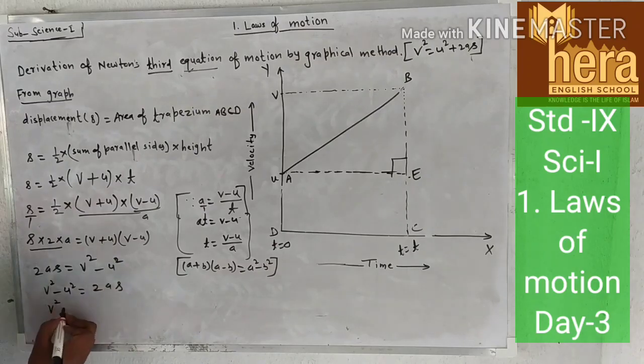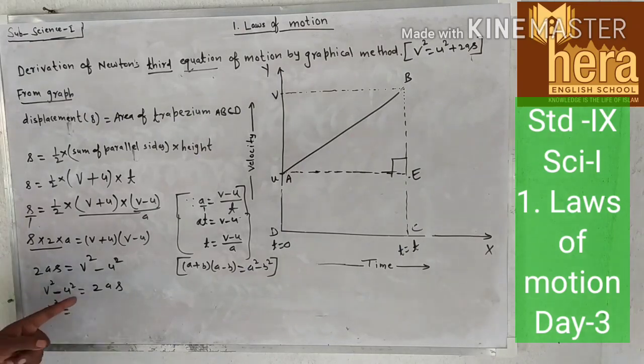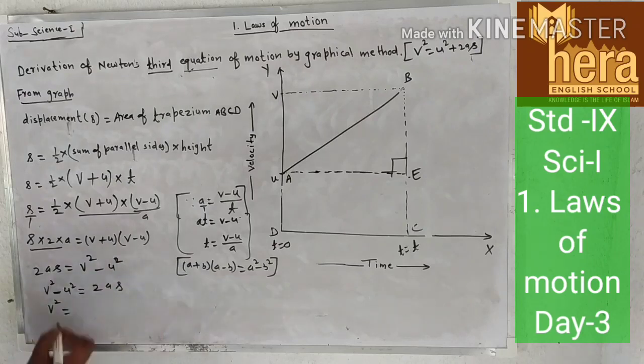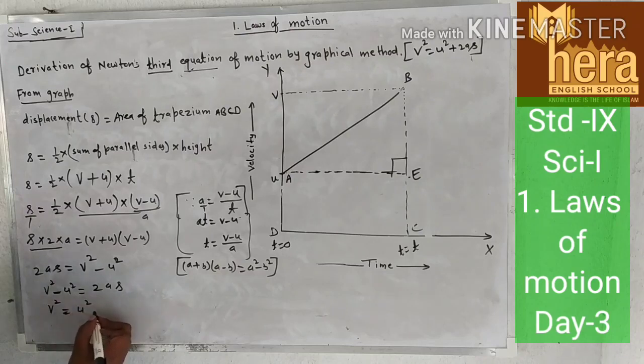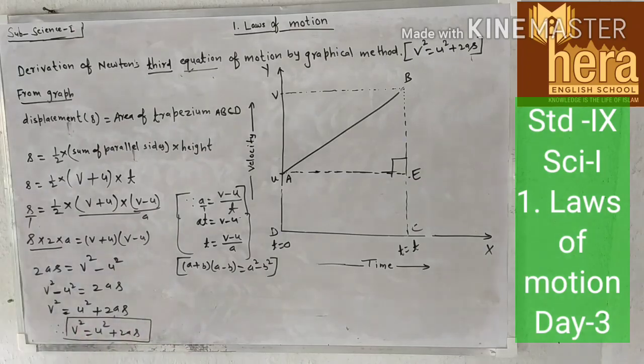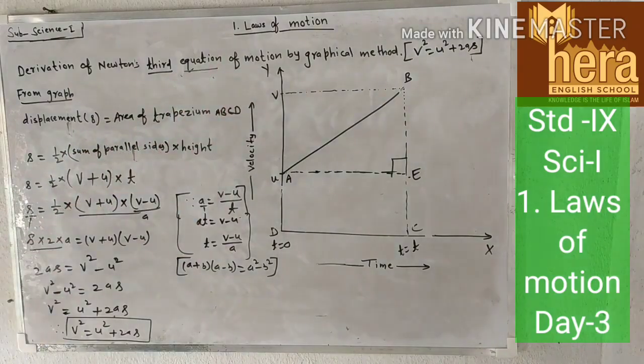Therefore v square will be equal to u square plus 2as, sending the minus u square from the left hand side to the right. So v square is equal to u square plus 2as. This is Newton's third equation of motion.